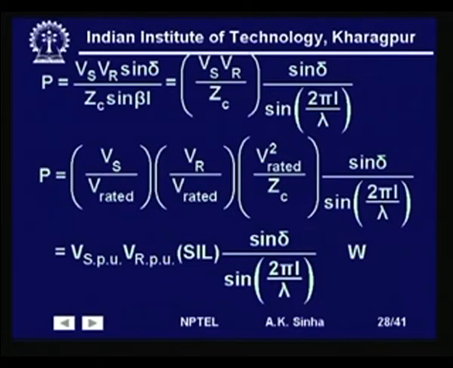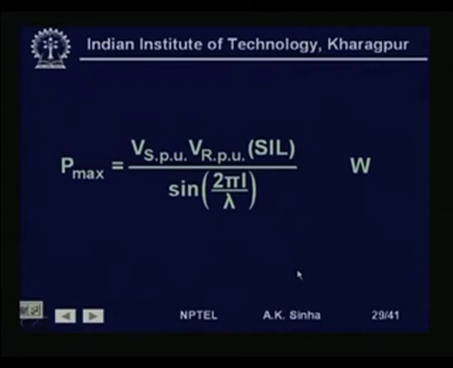So, V rated square by Zc into sin delta divided by sin 2π L by lambda, which is equal to Vs per unit into Vr per unit into, this term is surge impedance loading. So, into SIL into sin delta by sin 2π L by lambda in terms of watts or megawatts.